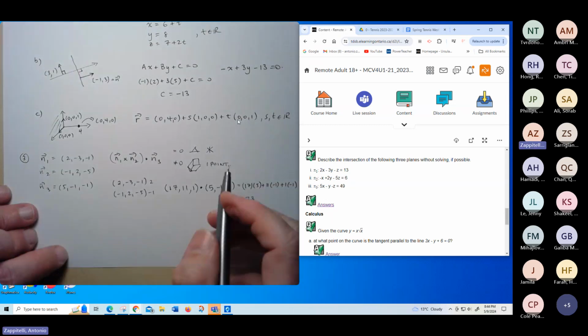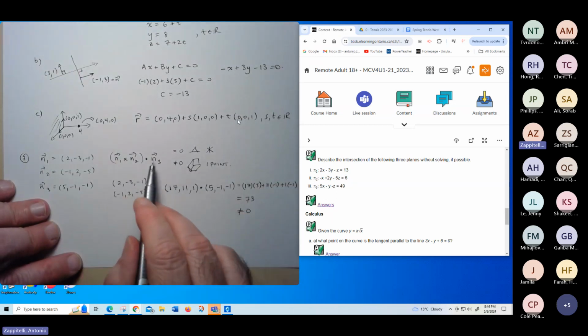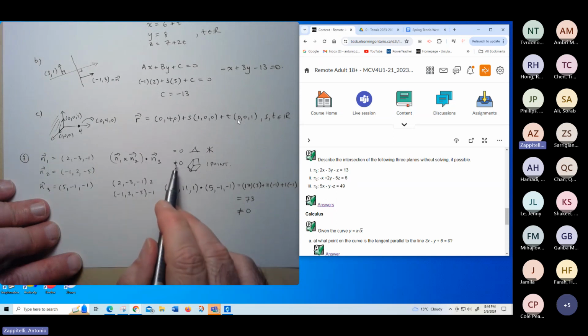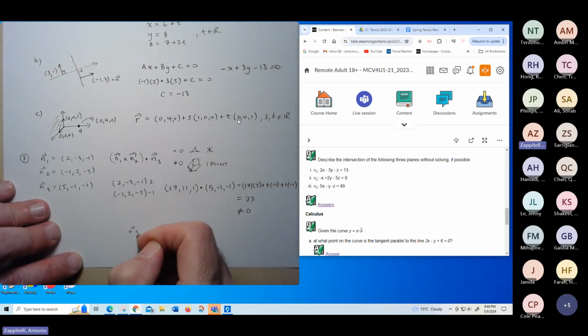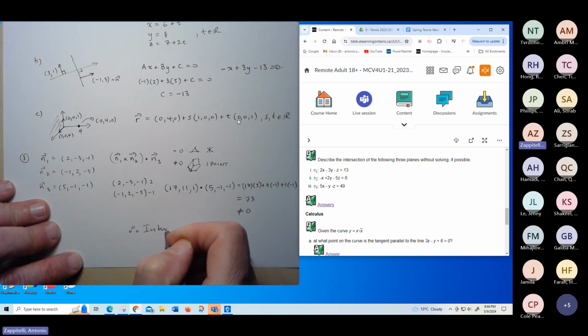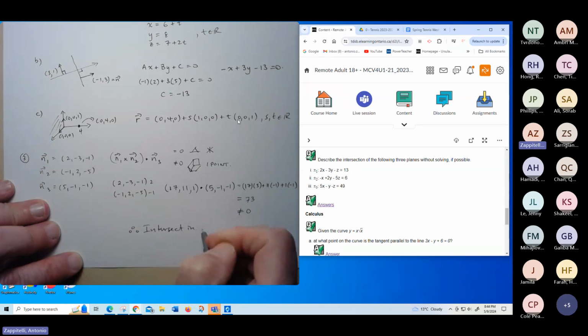So remember what we said: if the triple scalar product is not equal to 0, it means they intersect in one point.